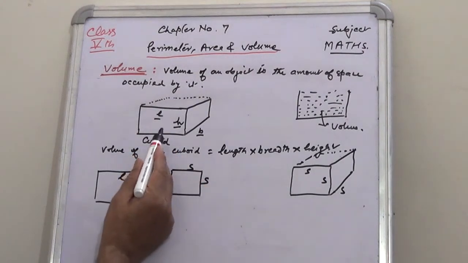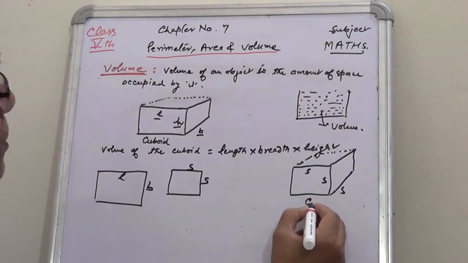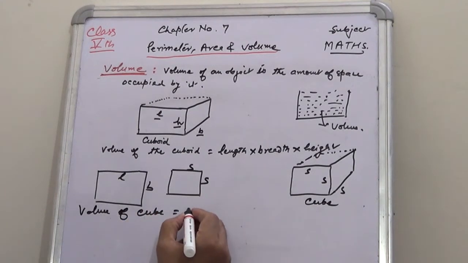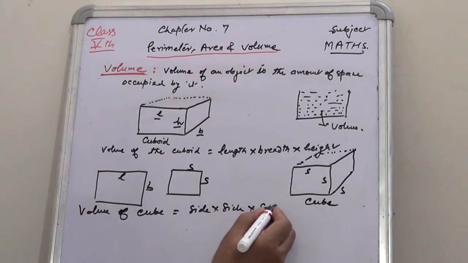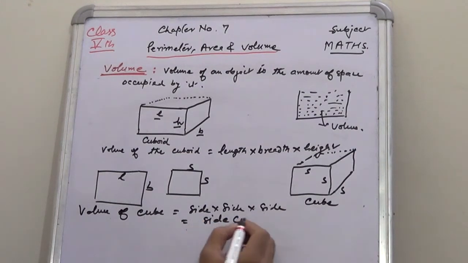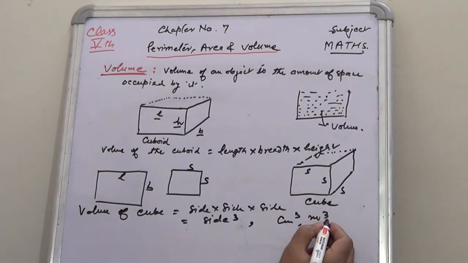Similarly in the case of a cuboid, when the cuboid has all its sides the same, it is called a cube. Therefore, the volume of a cube is given as side into side into side, that is side cubed. Its unit may be centimeter cube, meter cube, etc.